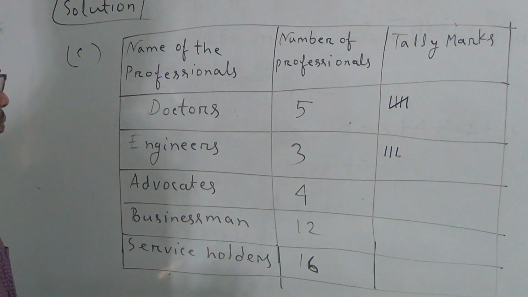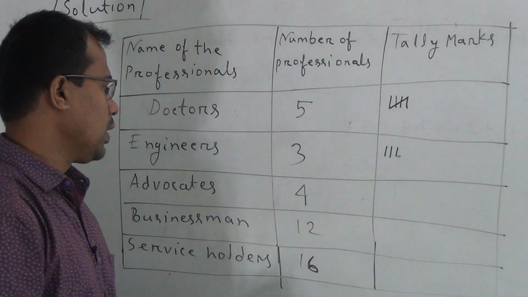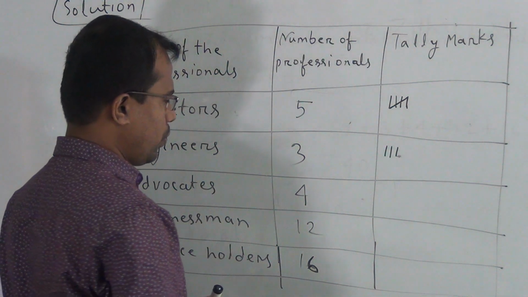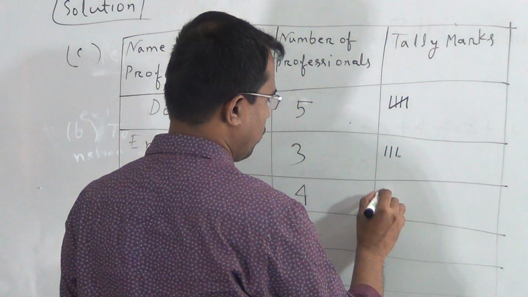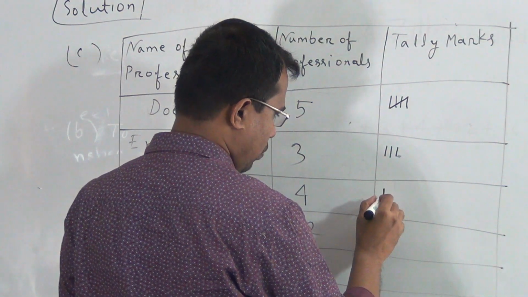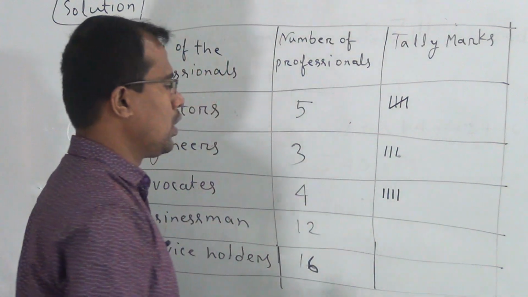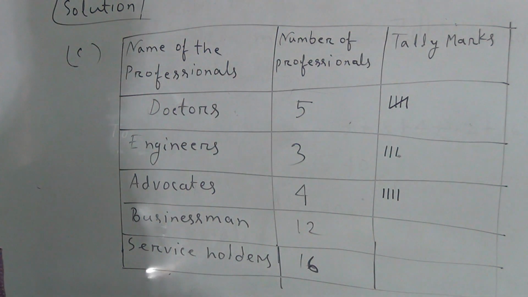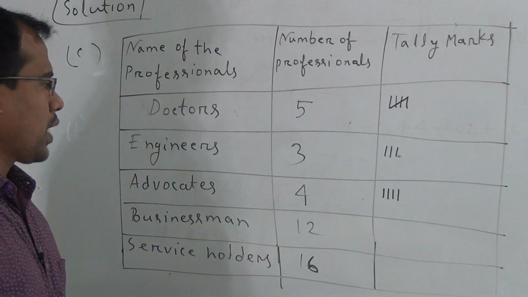Now we have to indicate 4 using tally marks. For denoting 4, we have to give just 4 straight lines, 1, 2, 3 and 4. Now we have to denote 12 using tally marks.